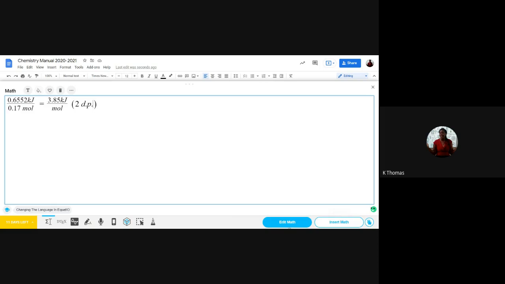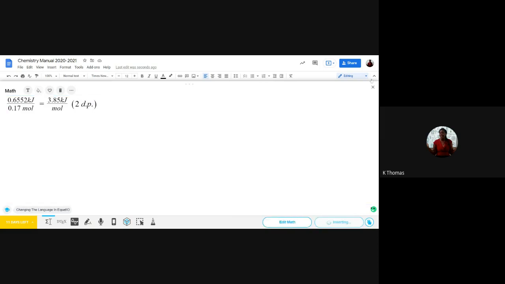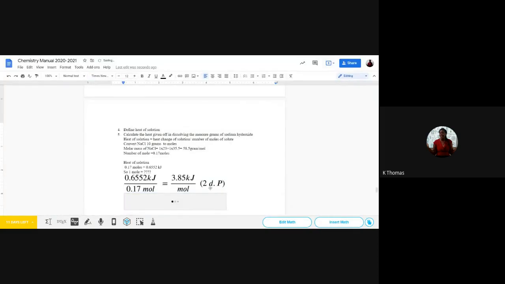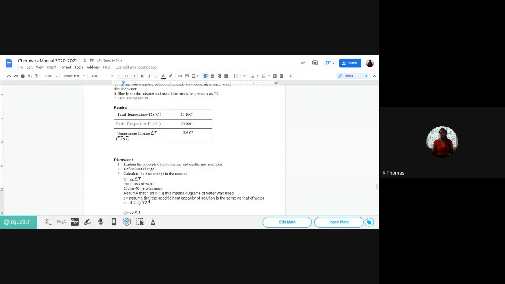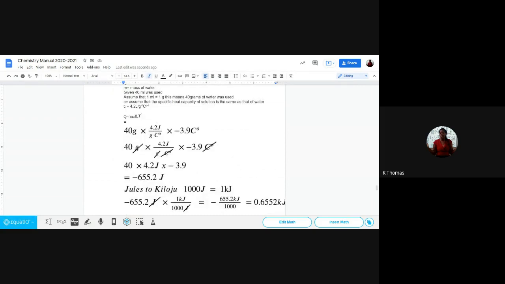That's what dp means. It's important to tell how many decimal places you put your answer to. So this is 0.17, which is 2 dp as well. I'm going back and ensuring that all my units are there when they're supposed to be, and if I did any rounding off, I'm writing what I rounded off to.